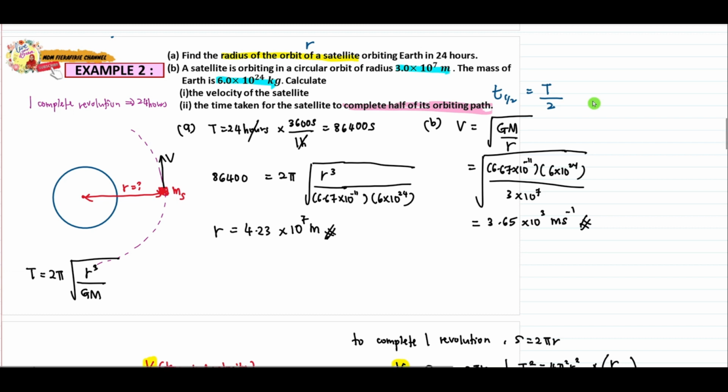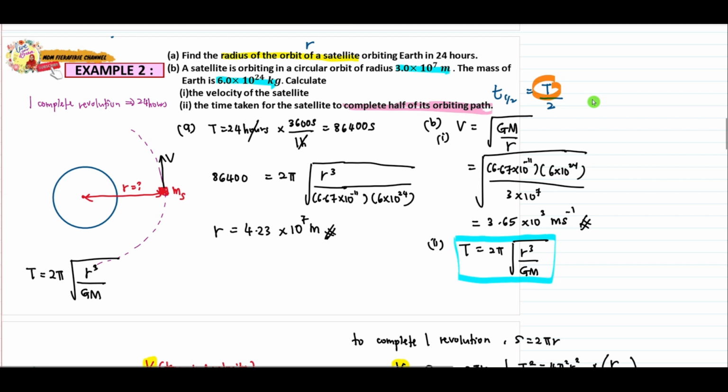So we have to find this first. Okay, so let's write the equation first. We can just use the equation given. Capital T is equal to 2 pi square root r cubed over GM. If you don't memorize this formula, this formula is given in the exam.